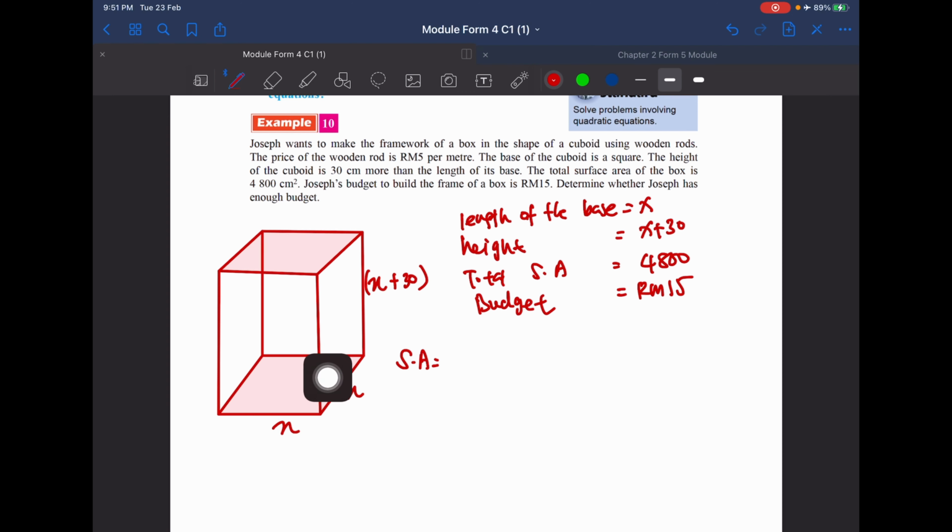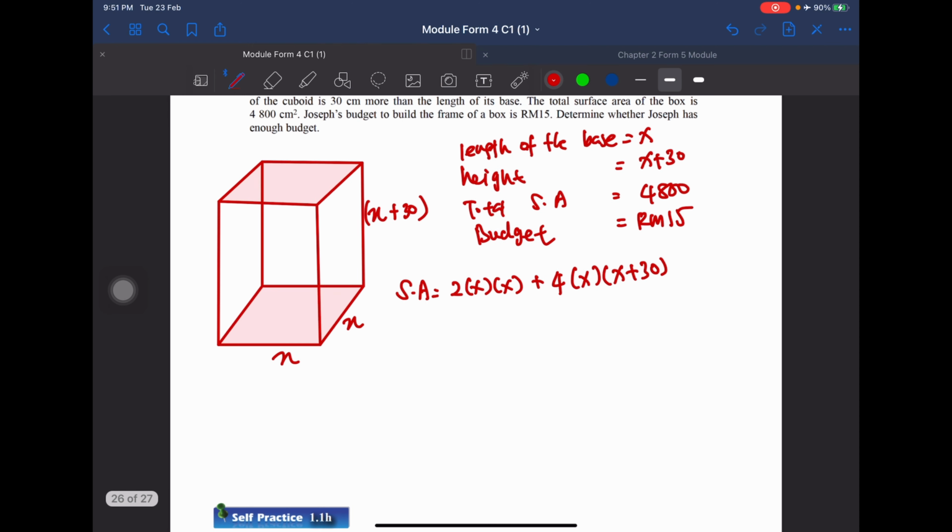Nak cari luas satu square ni is x times x, ada 2, so 2x times x. Then plus kita ada 4 sides kan, 1, 2, 3, 4. Nak cari surface area bagi segi empat tepat adalah panjang darab lebar, x times (x plus 30). So basically this is our formula for surface area.